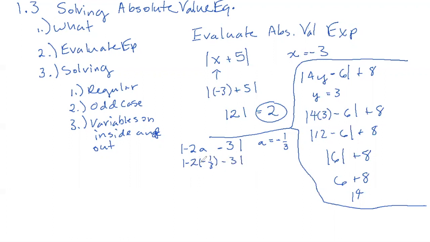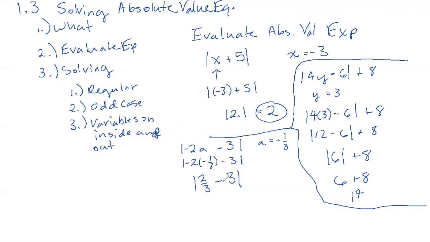Then you're going to multiply this out. You have negative times a negative. That's a positive. Notice we're not doing anything. We're not changing any signs or anything yet. You do everything you can inside of the absolute value first, and then we talk about changing things. And I'll show you what I'm talking about in a minute. So you have negative 2 times negative 1/3. That's going to be positive 2 over 3. Then we've got minus 3.